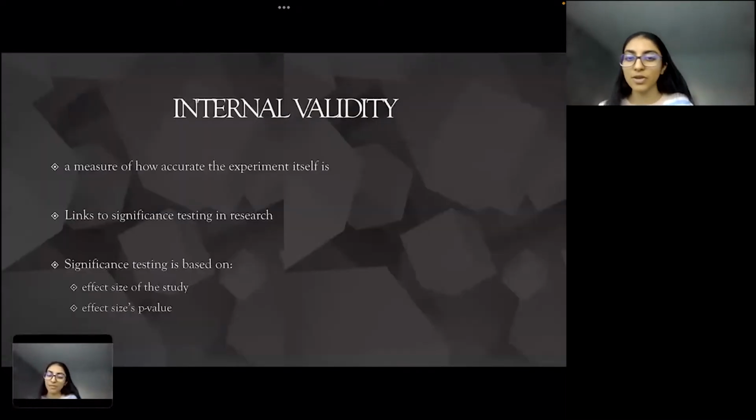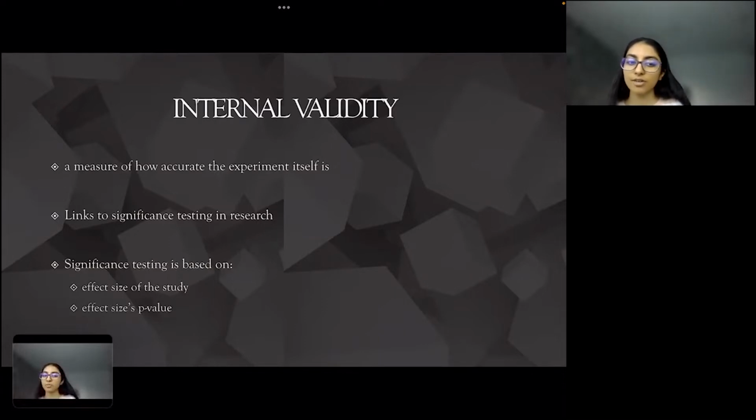So first I'll be talking about internal validity. Internal validity is a measure of how accurate the experiment itself is. So how free is it from errors, and are the differences in measurement solely from the independent variable and nothing else, in which case that would be a very high internal validity.